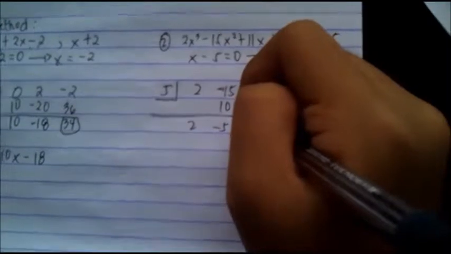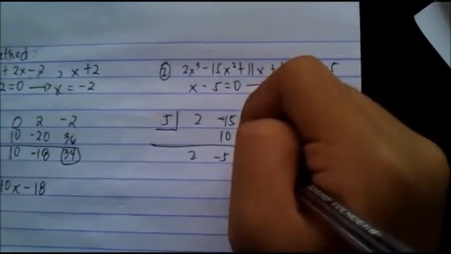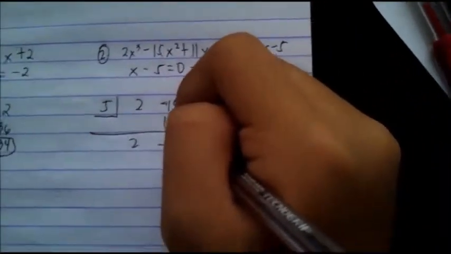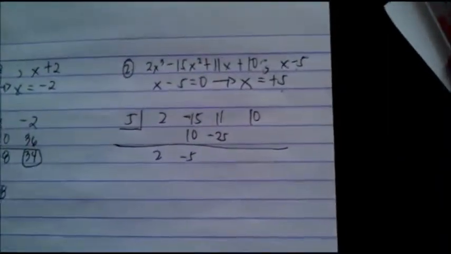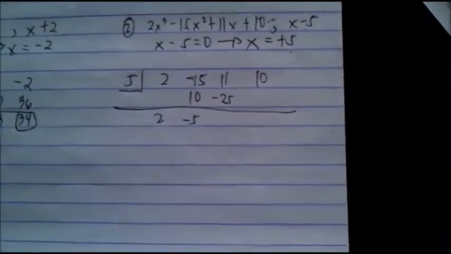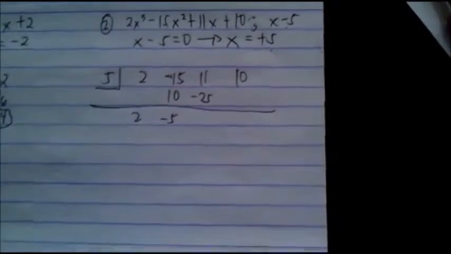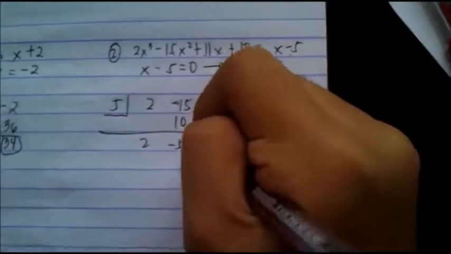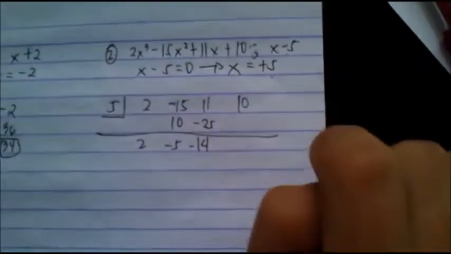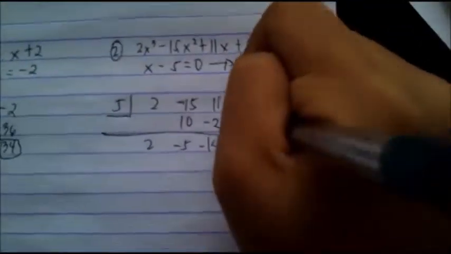11 plus negative 25 equals negative 14. Negative 14 times 5 equals negative 70.